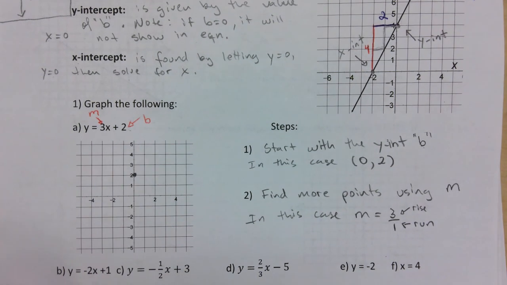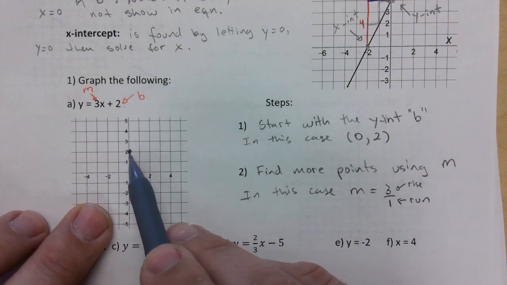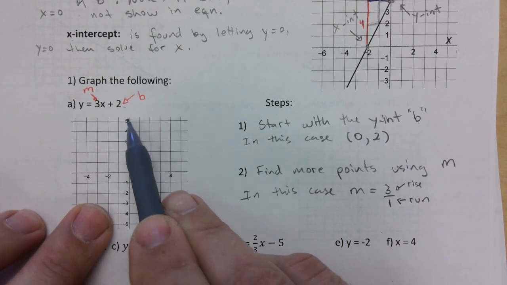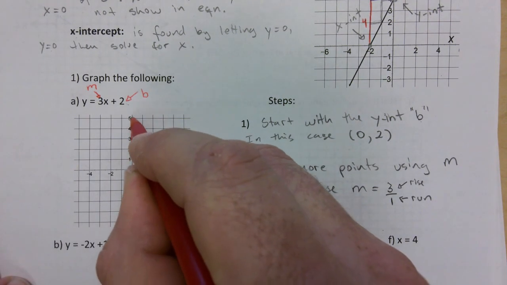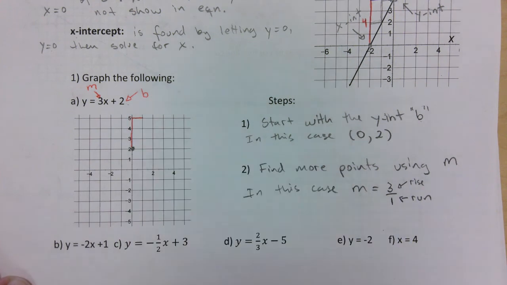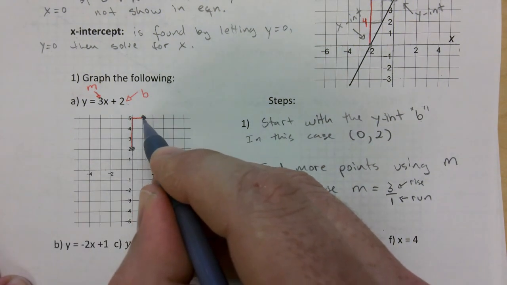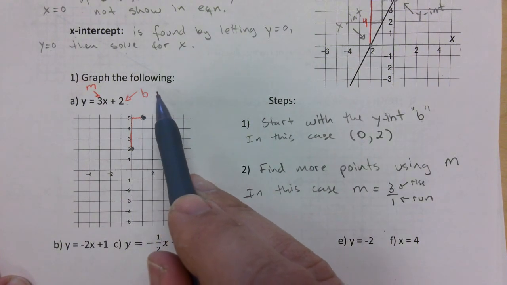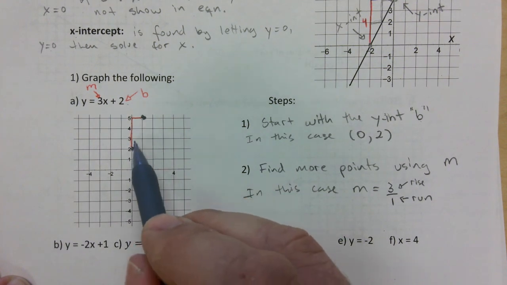Okay, so we're going to use that to find our next point. So you start here, it's positive, right? So we're going to go 1, 2, 3. From here, you go 3 up over 1, and you make your point there. And you could keep going. You could go 3, 1, 3, 1. You could keep going, but you found another point right there.